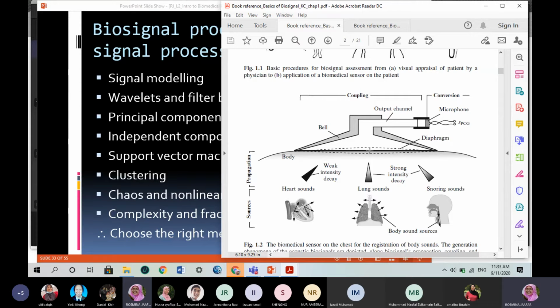So using a stethoscope, the model for the stethoscope has a diaphragm that is very sensitive to movement of the chest wall, because you place the stethoscope diaphragm right on the chest. It collects the vibration of the chest due to the heart sound, because the sound from the heart is actually coming from closing of the valves inside the heart.